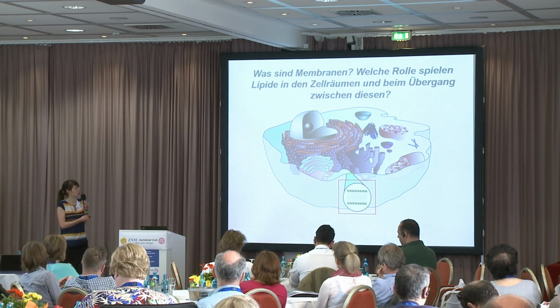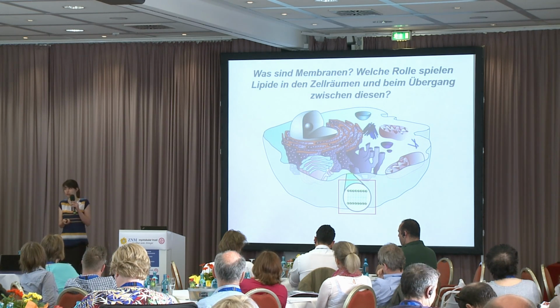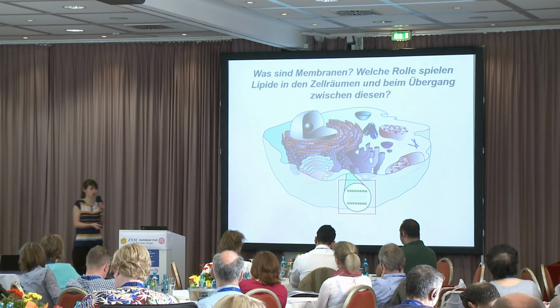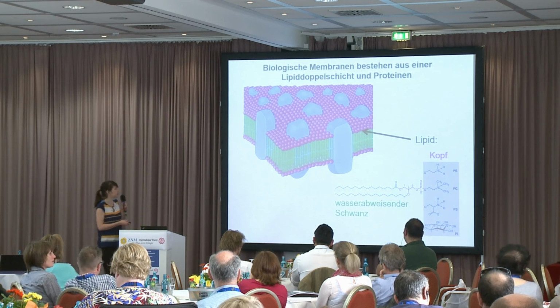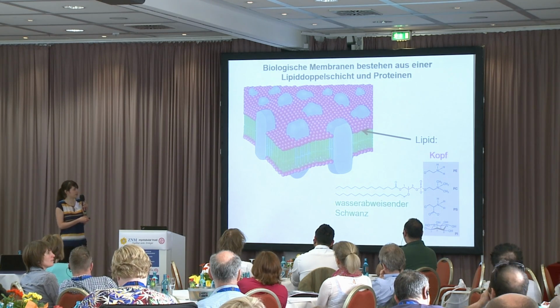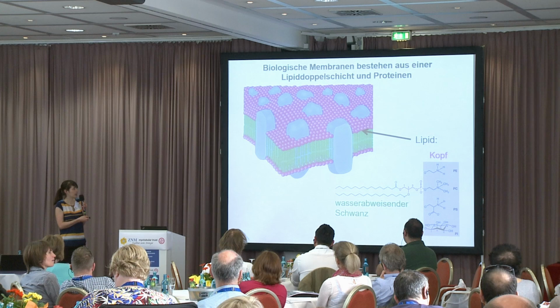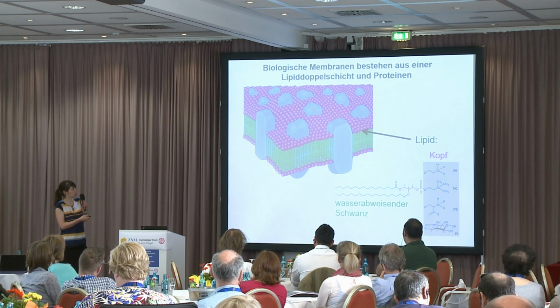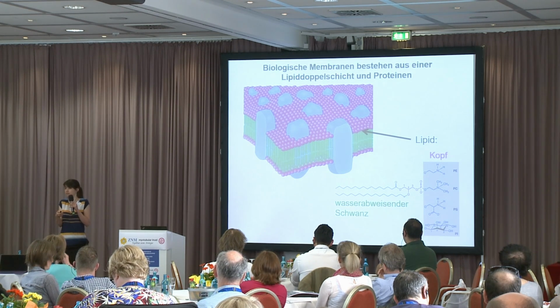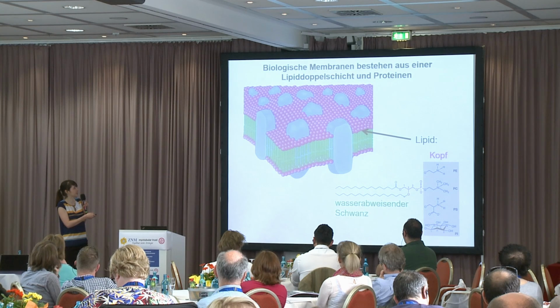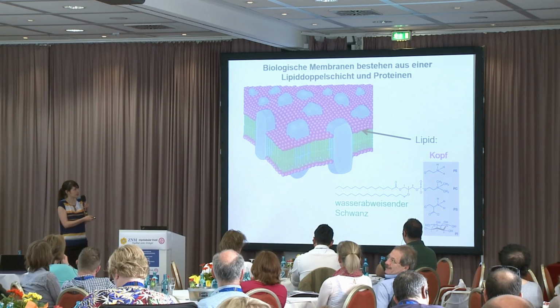These membranes inside a cell are made up by lipids and clearly separate one function from the other. These lipids consist of a water-repellent tail. You can see it by this green zone on this picture, and it is hydrophobic.